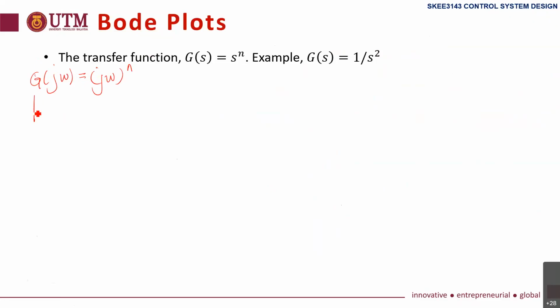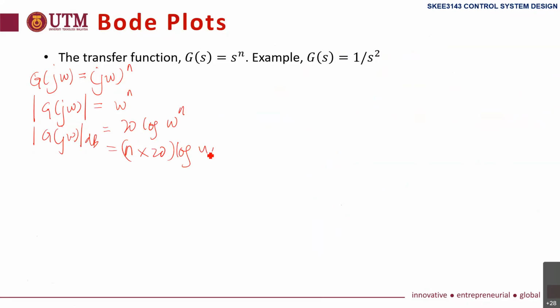If we want to take the magnitude, it is actually just omega to the power of n. And in dB, 20 log omega to the power of n equals n multiplied by 20 log omega.